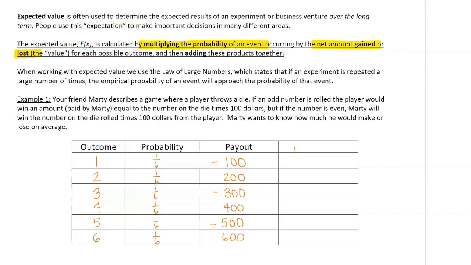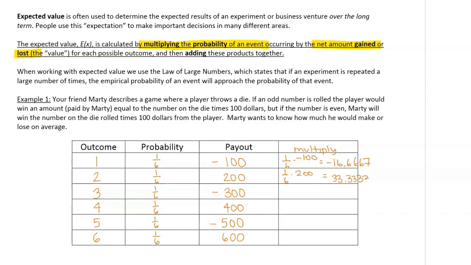We have 1/6 is the probability, and the payout is negative 100 for an outcome of 1. So I'm going to multiply probability times payout, so 1/6 times negative 100, that equals negative 16.6667. Then I'll do it again for the next row. So 1/6 times 200, that'll be 33.3333.